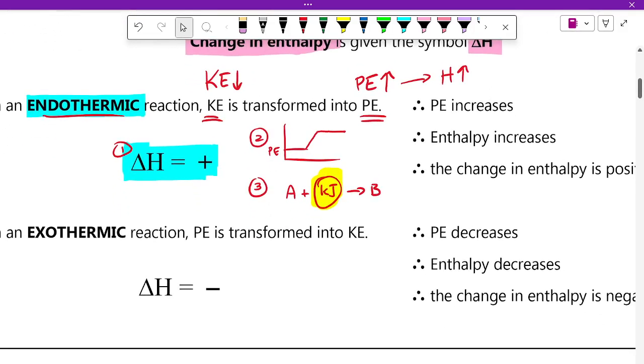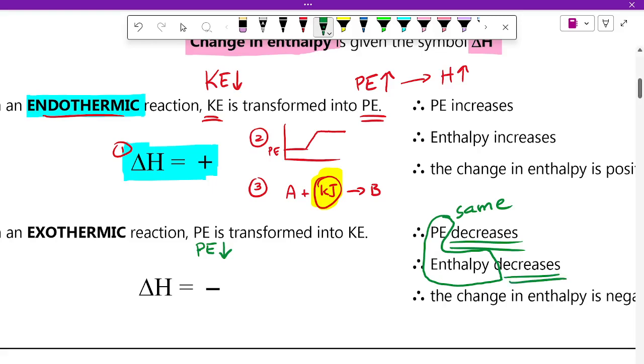For an exothermic reaction, our potential energy is transformed into kinetic energy. So potential energy goes down. So potential energy is decreasing. Potential energy and enthalpy are essentially the same. So if potential energy decreases, that means enthalpy also decreases. And if it's decreasing, then the change is negative.